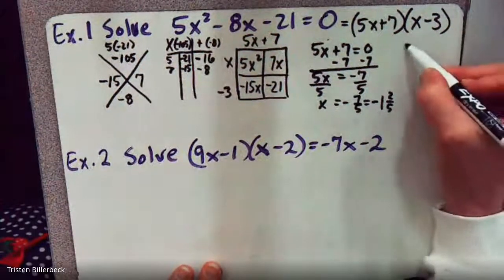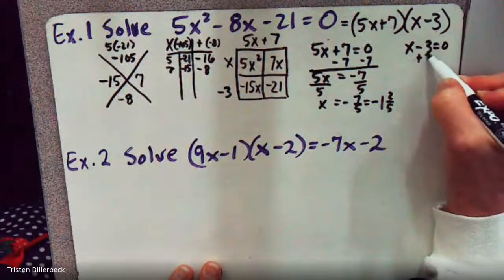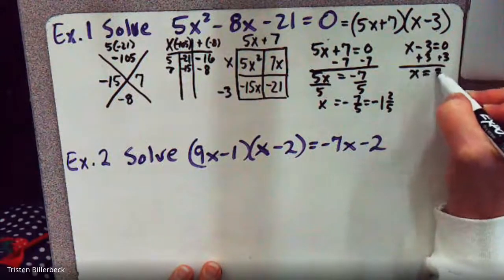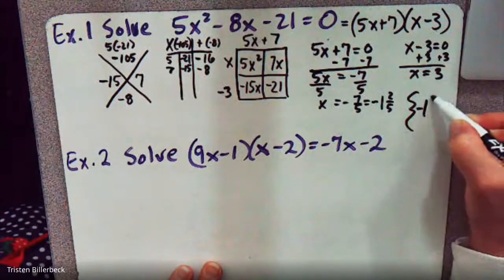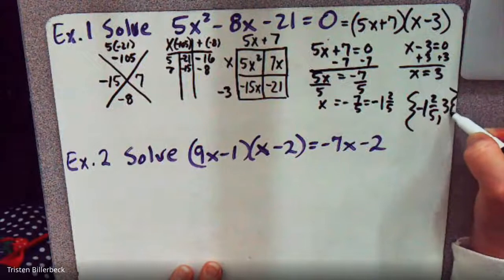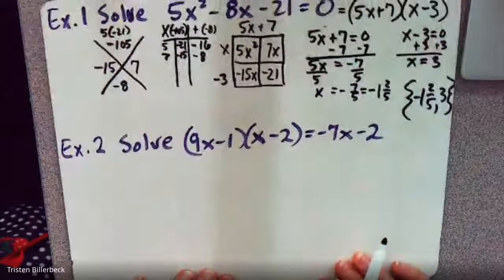Okay, here is pretty simple. x minus 3 equals 0. Use an additive inverse, and we get x equals 3. So our solution is -1 and 2/5 and 3. And that is that. So we have solved it.